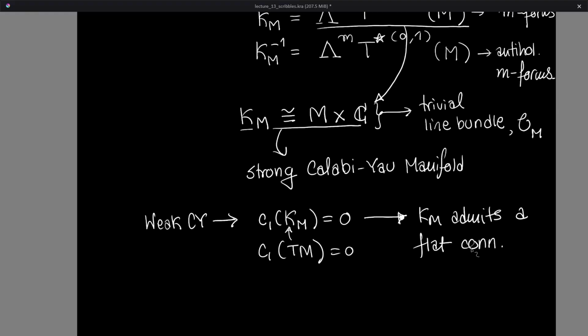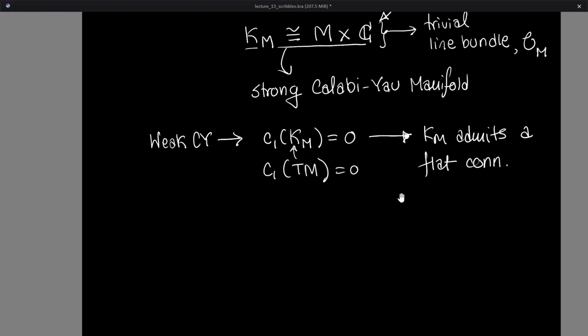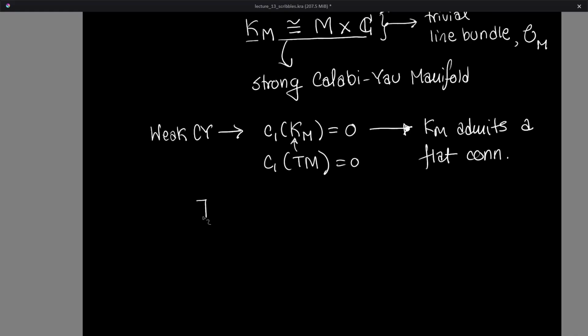But that doesn't mean that K_m is isomorphic to the trivial line bundle. In order for it to be isomorphic to the trivial line bundle, we would require the existence of a nowhere zero holomorphic section.